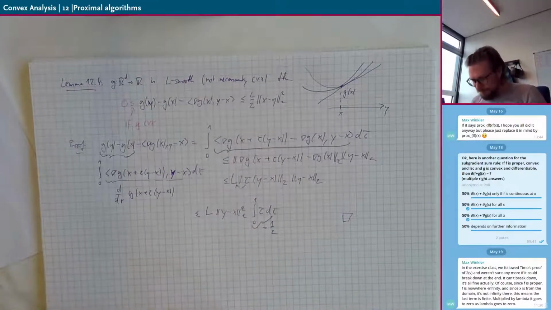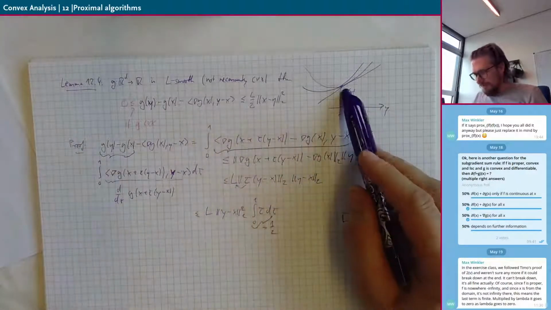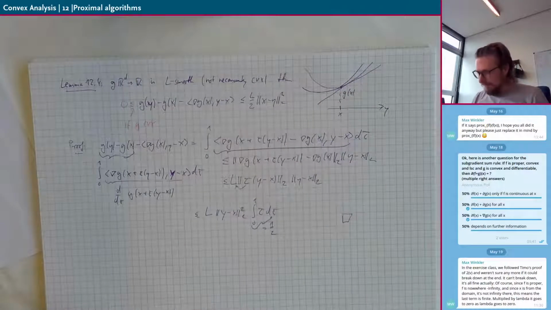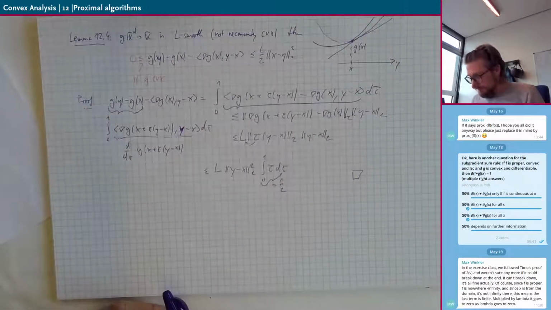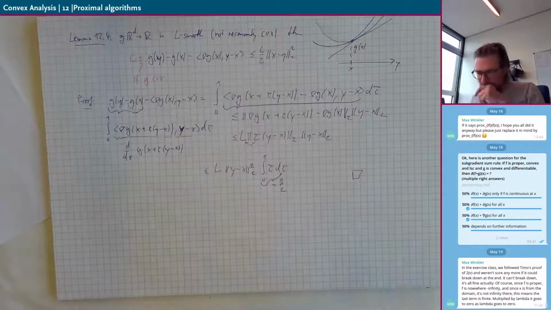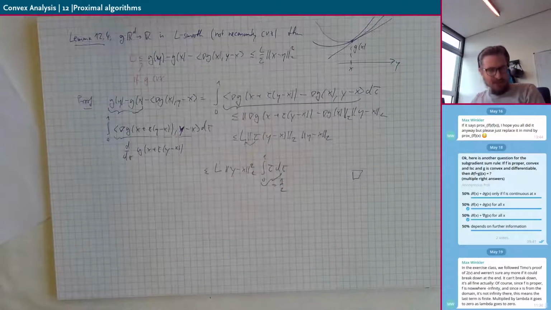Okay. L smoothness says that the function cannot depart from its linearization too fast, not faster than a square. Okay, so L smoothness also helps a lot.